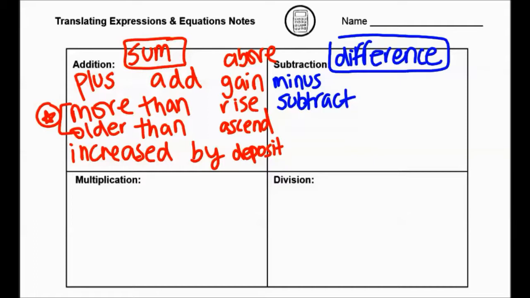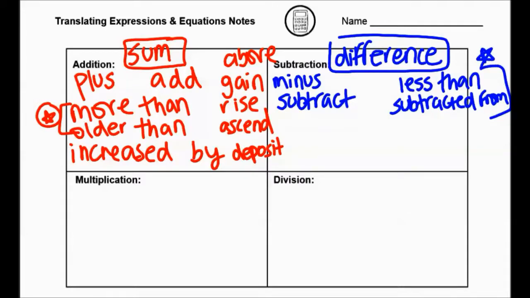We also have less than and subtracted from. All right, these two get a star. So less than and subtracted from.